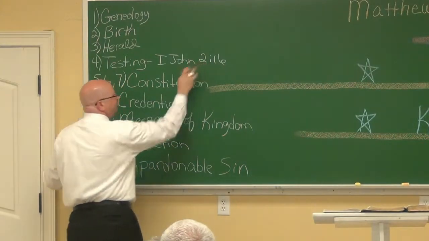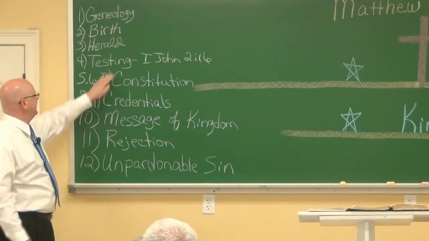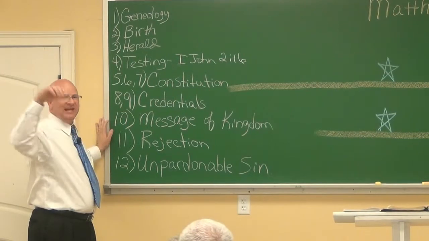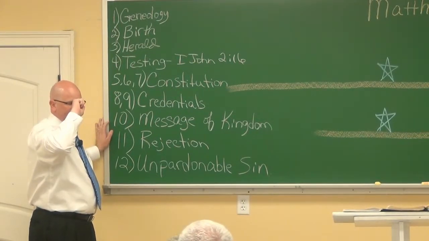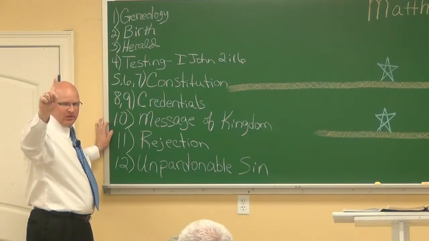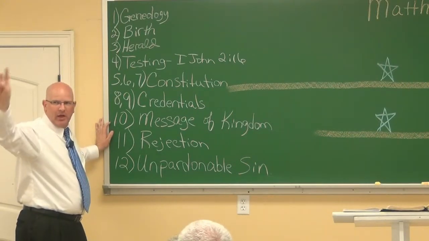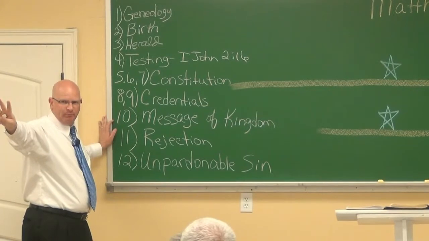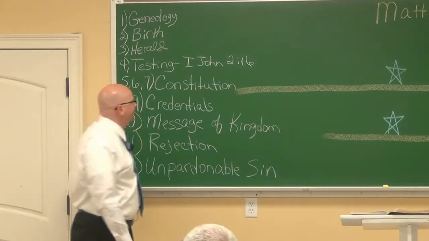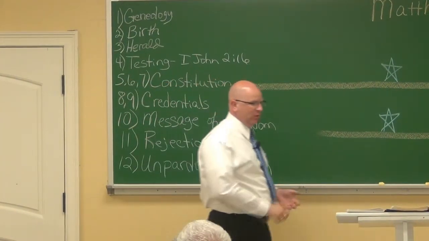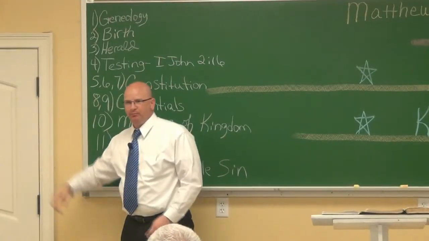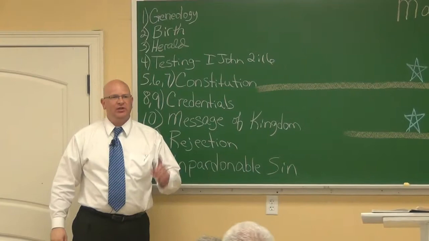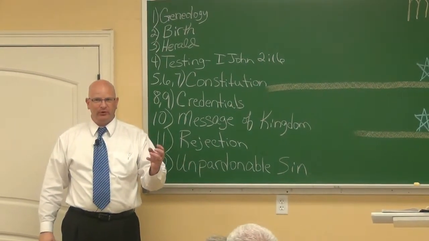When the devil tempts you, whether he tempts Jesus, whether he tempts Eve in the garden, it's going to be 3 ways. The lust of the flesh, the lust of the eyes, and the pride of life. That's what 1 John 2:16 says. Well, guess what? He did Eve that way in the Garden of Eden. The lust of the eyes, she saw the fruit that it was good for food.